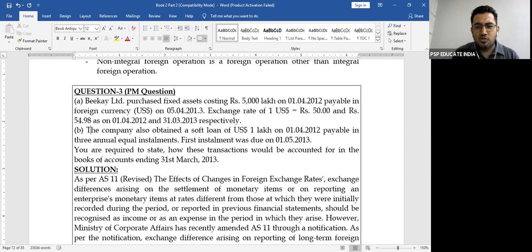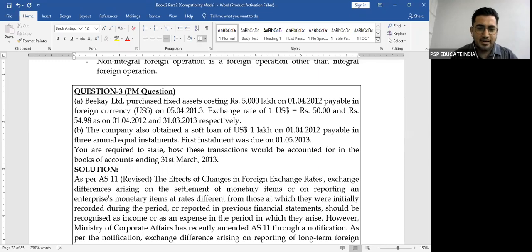The company has also obtained a soft loan of US dollars 1 lakh on 1/4/2012 payable in 3 equal annual installments. The first installment was due on 1/5/2013. You are required to state how these transactions will be accounted for in the books of accounts for the year ending 31st March 2013. Okay, let's solve this question.